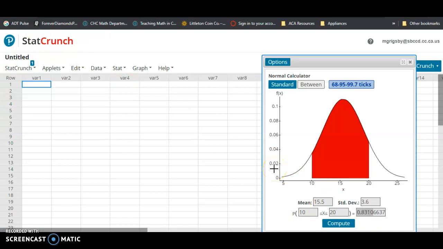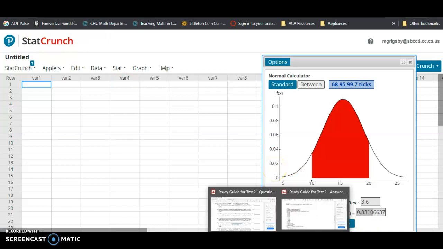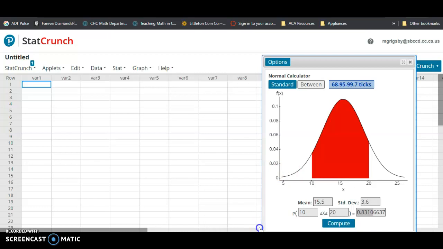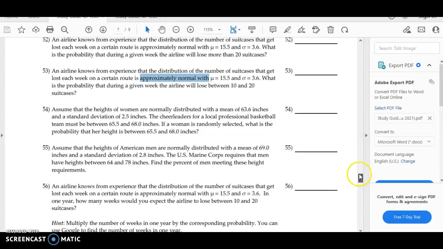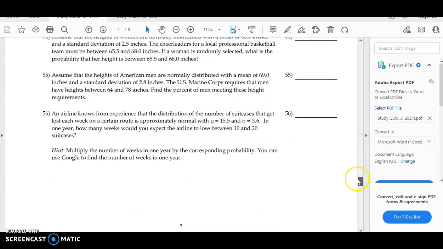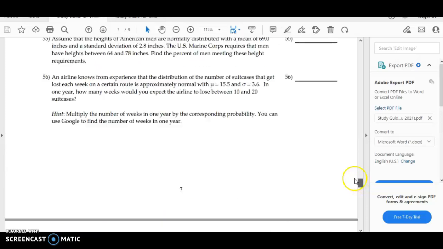If you need additional practice, I recommend that we look at the other questions from section 5.2 in the study guide, for normally distributed random variables. Questions like 49, 50, and then 54 through 57.